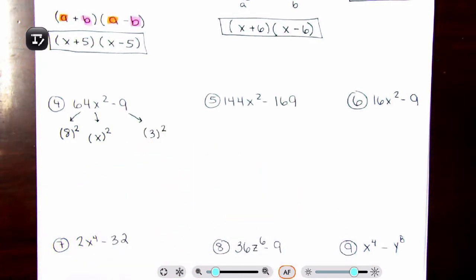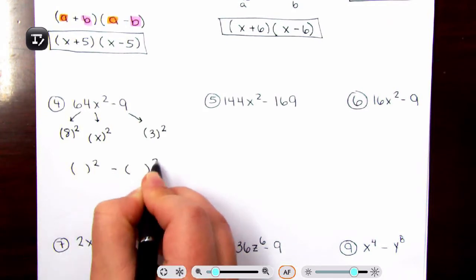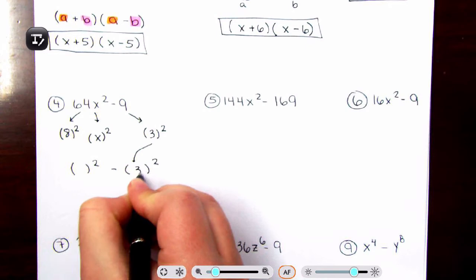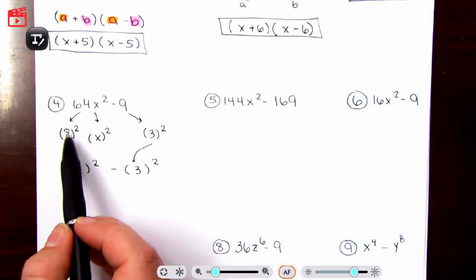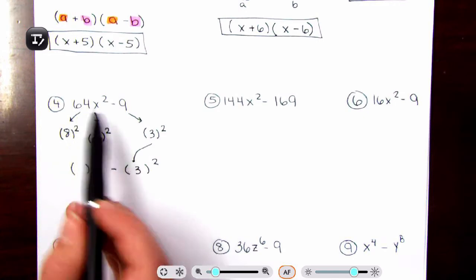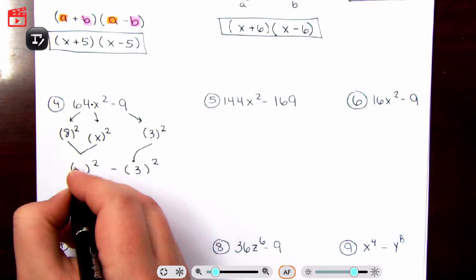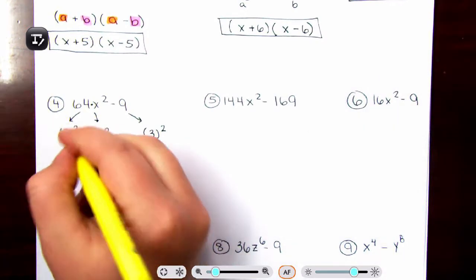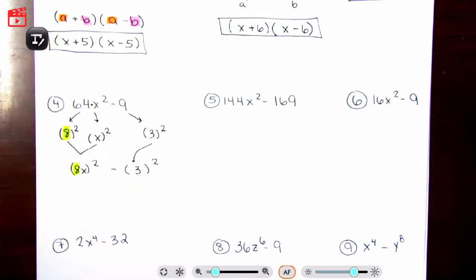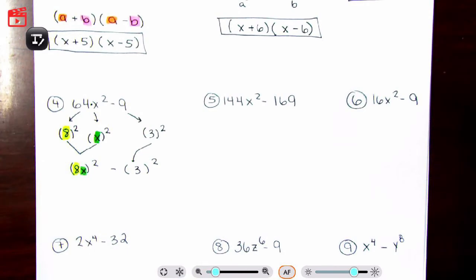Because we want the form of bubble squared minus bubble squared, this 3 is okay, but it's on its own. It's not being multiplied by anything. Here we have 64 times x squared, so we need to combine this 8 and this x. So we have 8x. This 8 comes over here, and this x is brought down here, so that's where the 8x comes from.